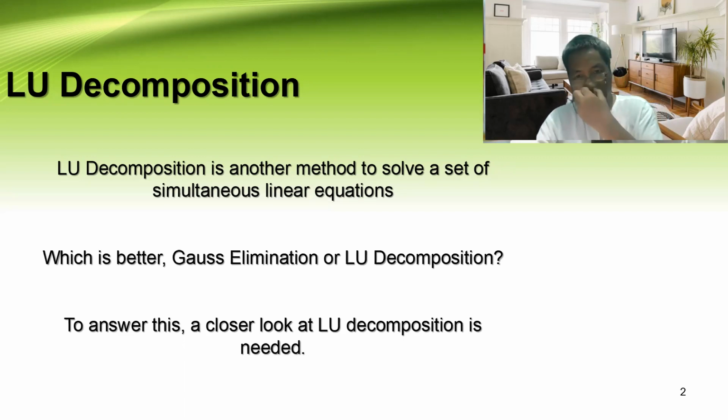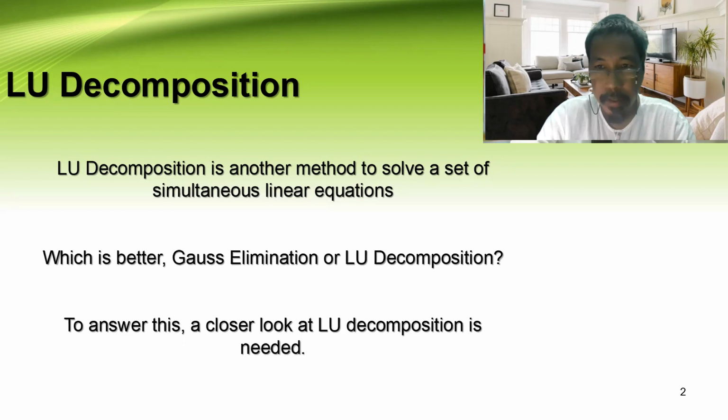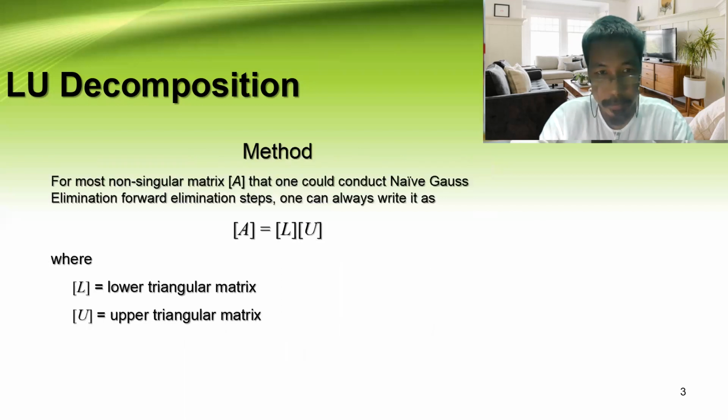LU decomposition means we have a matrix that we want to decompose into two parts. One part is the lower matrix, and the other part is the upper matrix, or the upper triangular matrix. For most non-singular matrices A, one could conduct naive Gauss elimination forward elimination steps.